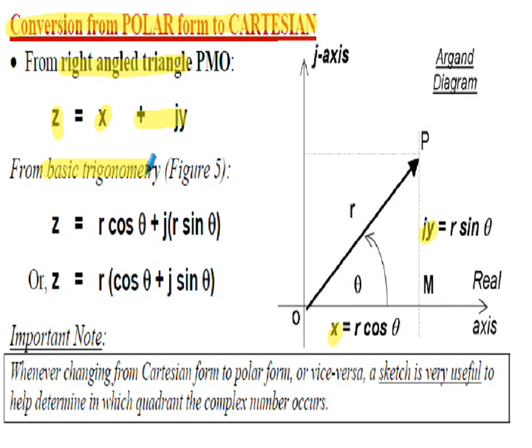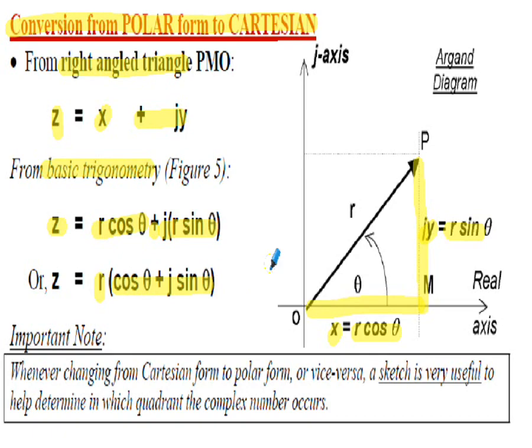From basic trigonometry, and reviewing the figure on the right, we can see that z is equal to r cos theta, and that would be this dimension across here on the horizontal real axis, plus j r sine theta, r sine theta being the vertical dimension here in terms of the vertical axis. So that's r sine theta. And simply factorising on that, we could write that as r outside of a bracket and cos theta plus j sin theta inside the bracket.